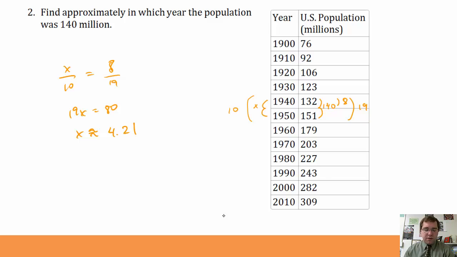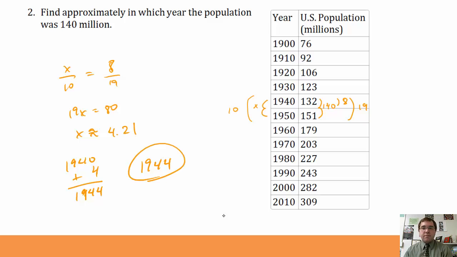Alright, so in what year was the population about 140? Well, I take 1940 and I add to that about 4 years, because I'm not going to take fractions of a year. My estimation is not exact enough to be able to make that worthwhile. So I'm going to say in about 1944. 1940 plus 4.